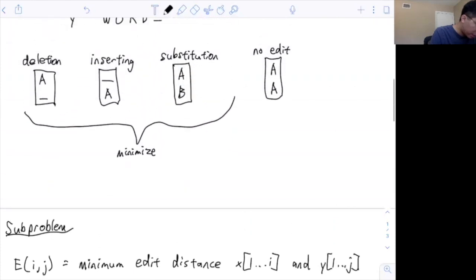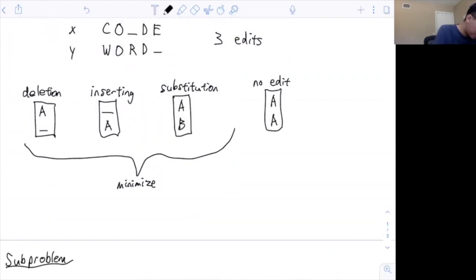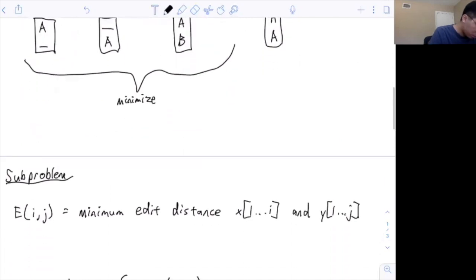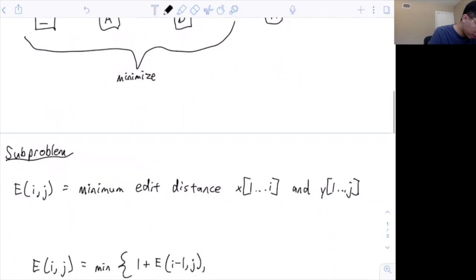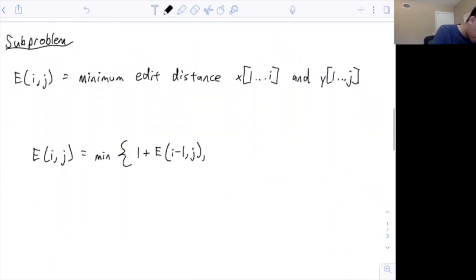Now, if the previous operation was instead an insertion, then we would insert a character of y, and then the minimum edit distance between the first i characters of x and the first j characters of y is going to be 1 plus E of i and j minus 1.